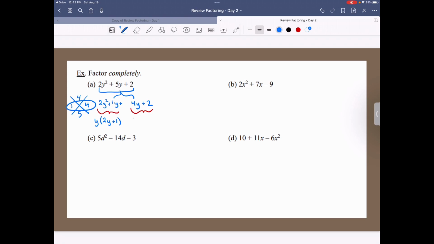And then we can factor out a 2, leaving us with 2y plus 1. And I need to bring out a plus. So in one set of parentheses, I will have y plus 2, and my other set of parentheses will be 2y plus 1. And I'm going to box my answer.